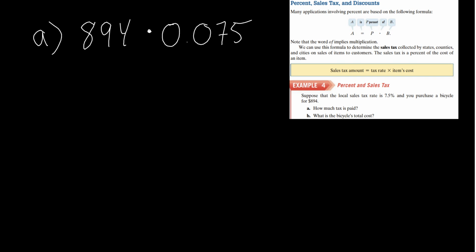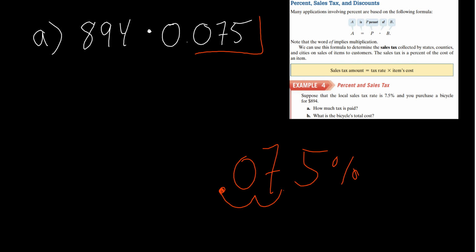If you were to just imagine this 7.5%, I move the decimal place 2 to the left, and it becomes 0.075. And again, I just put the 0 out front because it makes it easier on my eyeballs to see.